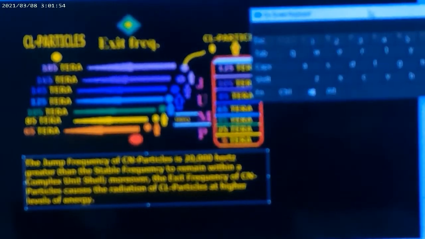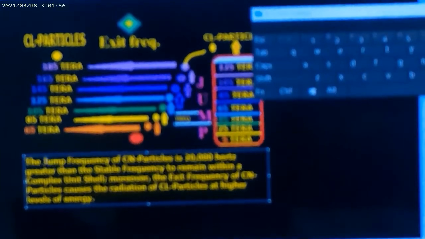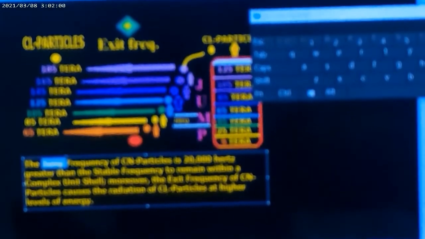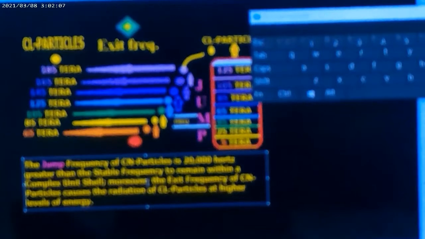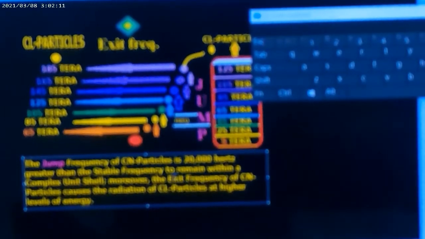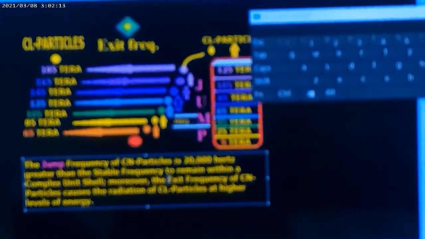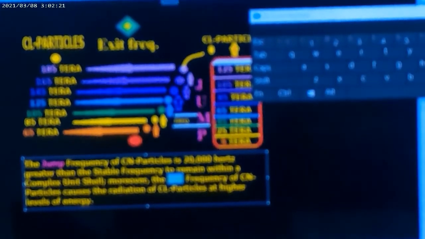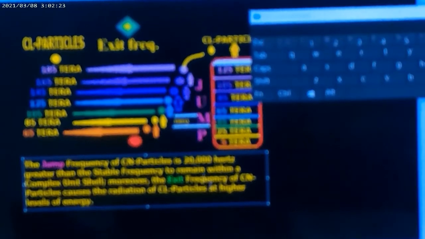And it looks like what? The jump frequency is in fluorescent pink. So we use that there. And the exit frequency is still in yellow, so I guess we'll just... but we have that green thing on top of it, so I'm going to use that there.